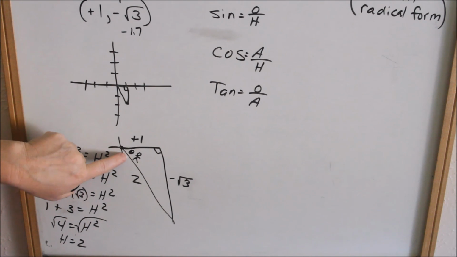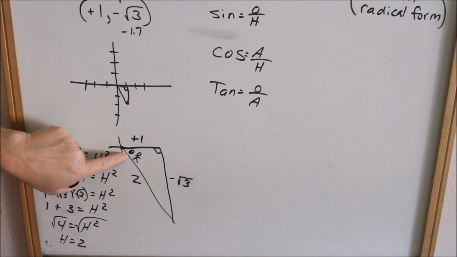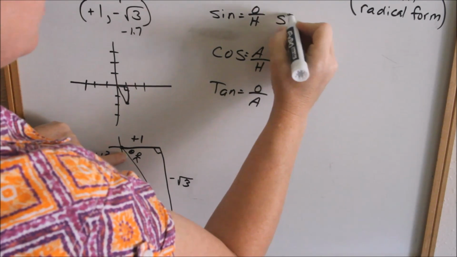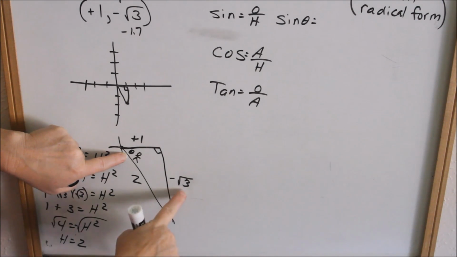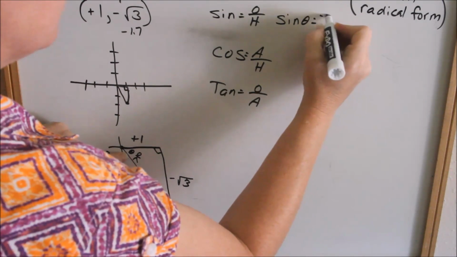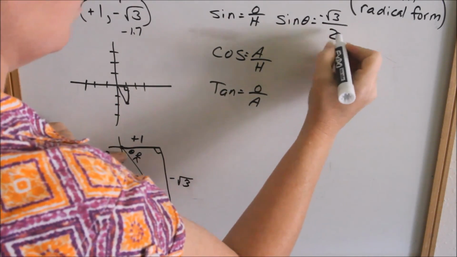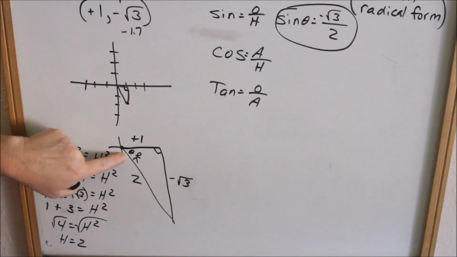So when we're talking about sine is opposite over hypotenuse, we're going to be standing right there closest to the origin. So sine theta is opposite, which would be negative square root of 3 over hypotenuse, which is 2. Okay, that is one of our trig values.